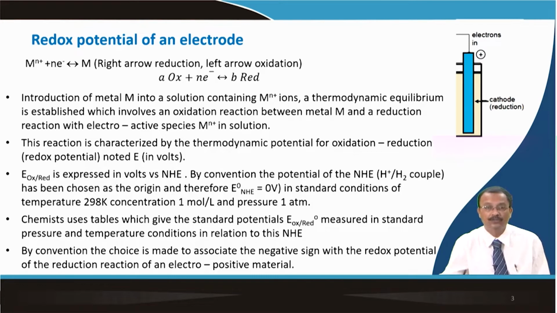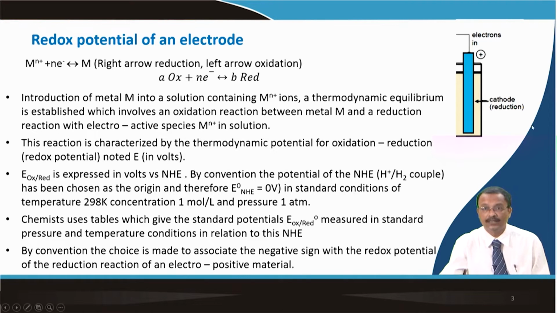So, once you introduce a metal into a solution, let us assume that it has a valency n plus. So, M n plus ions are there. A thermodynamic equilibrium will be established, which involves an oxidation reaction of the metal and a reduction reaction with the electroactive species, which already exists as M n plus in the solution.